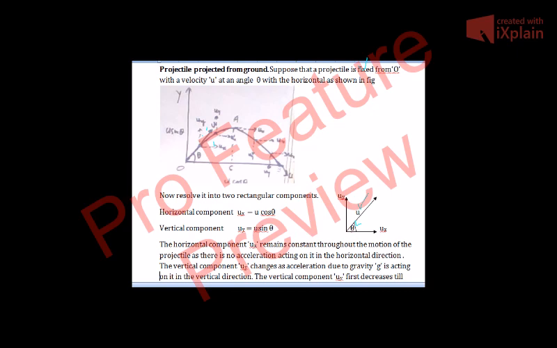Now, what about the vertical component? The vertical component uy changes as acceleration due to gravity g is acting on it. So when acceleration g acts on it, it will increase, or if it goes upwards, it will decrease. The vertical component uy first decreases.